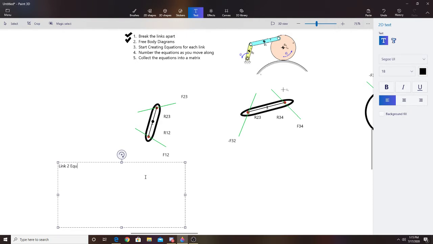So while we do that, can someone explain to me why having the torque part of it makes sense for the moment? So like why do we have to include that? Anybody? No. So for that last equation, why do we have to have the moment part of it? So think back to your statics, right?